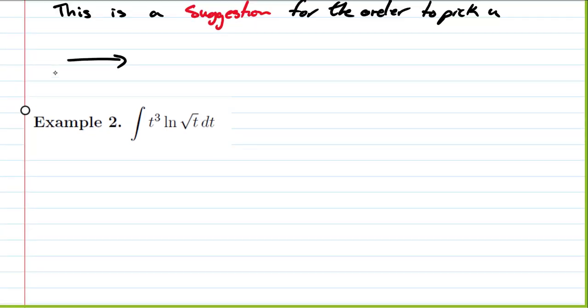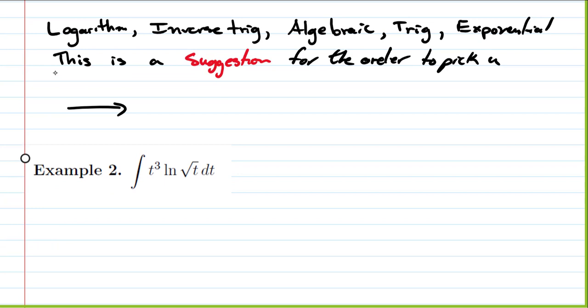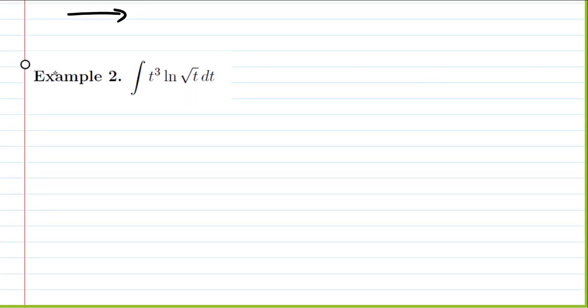So according to our suggestion, what should we pick for u? A logarithm. Okay. So before we do that, though, we want to use some properties of logarithms and algebra to help simplify this a bit. So let's use algebra.